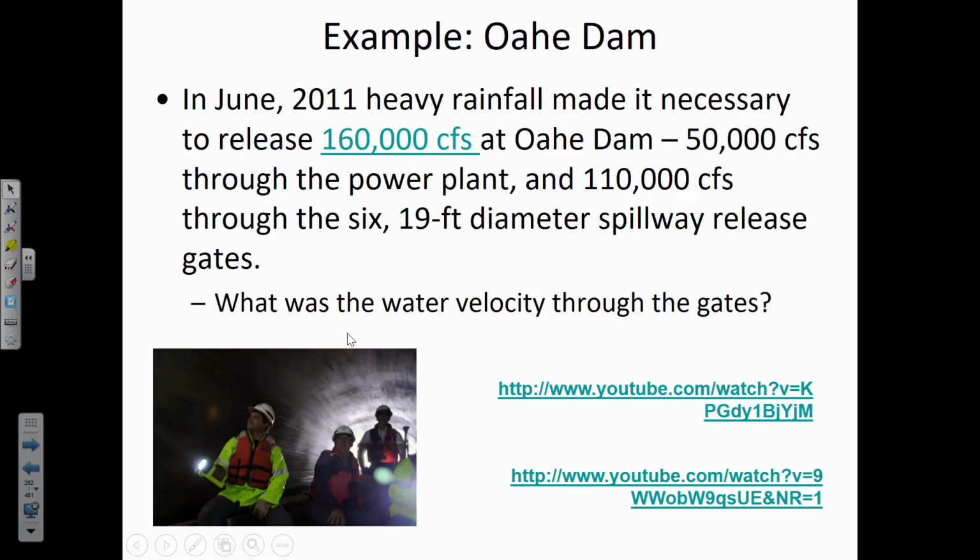And one of the heaviest storms that they've had in recent times up there at the Oahu Dam was in 2011. There was heavy rainfall that made it necessary to release 160,000 CFS. That stands for cubic feet per second.